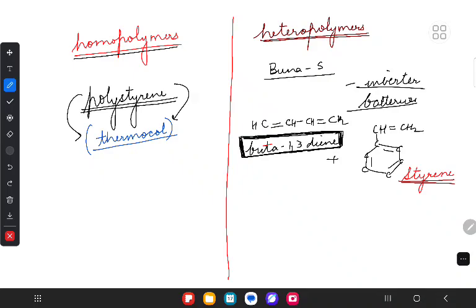So that's the idea. So do you understand a little bit of polymers today? What we have to learn here is the type of polymers, and how the polymerization mechanism works. How many different types of polymers do we have, and what is the monomer of each polymer? So that's what we have to learn today. Understood or not? That's it.